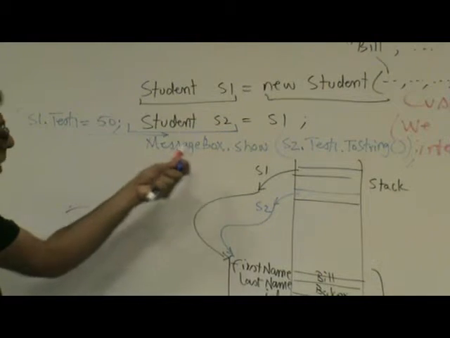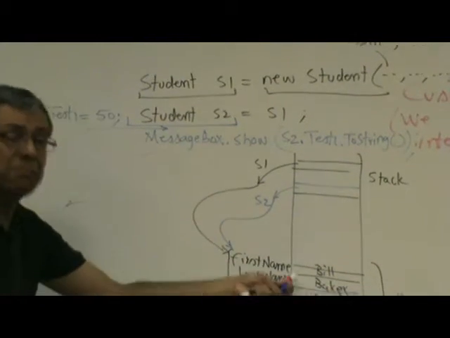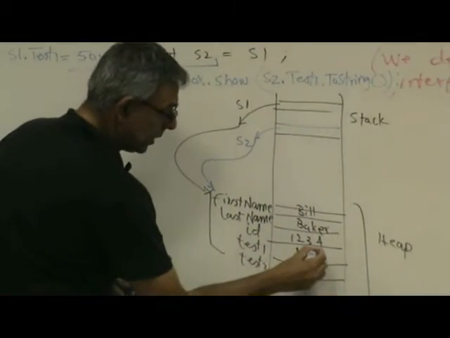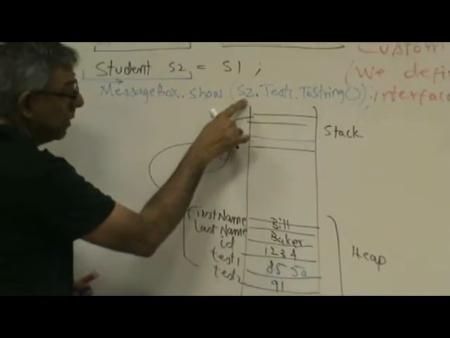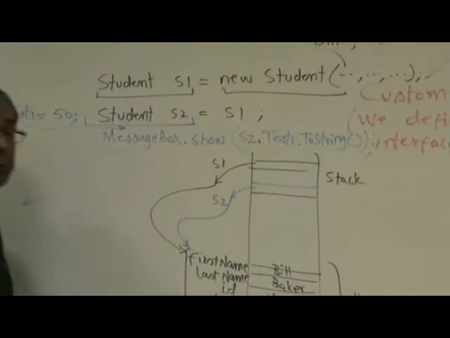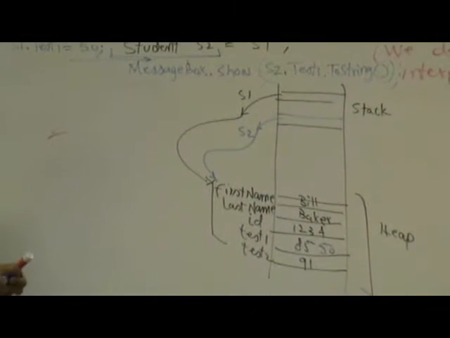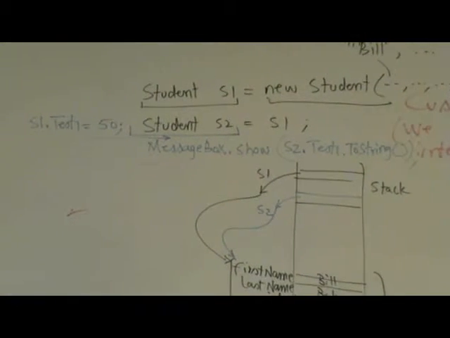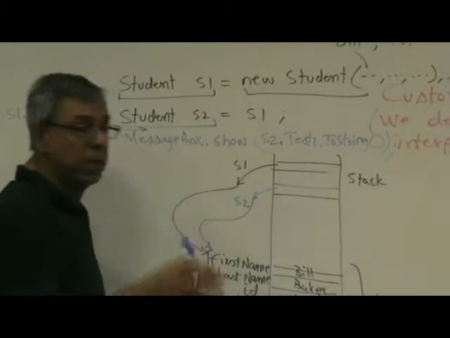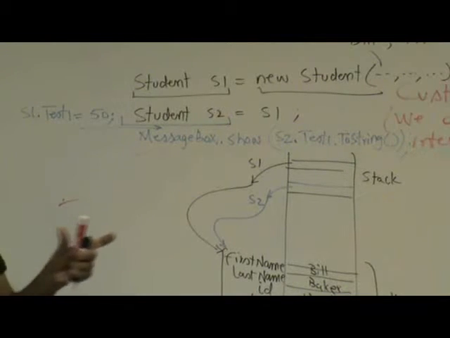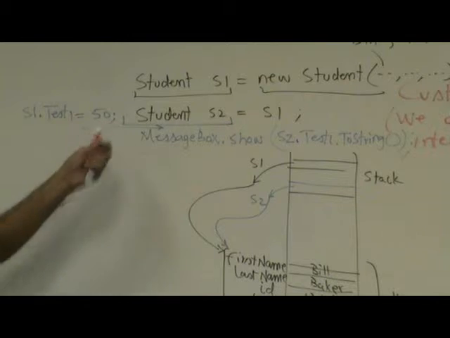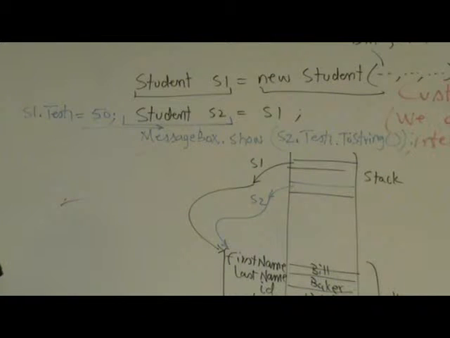So now, remember, it's the same memory. So if I change S1, and then I try to check S2, it's the exact same memory. So we need a mechanism so that we are not pointing to the same memory, but in fact these are two different objects with their own memory, so that if we change one, it doesn't affect the other one, right?